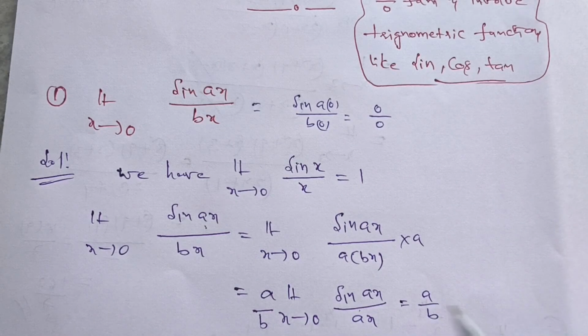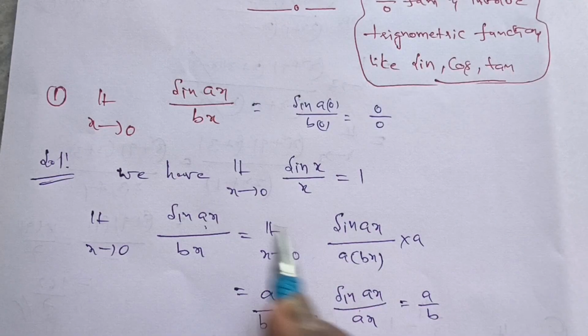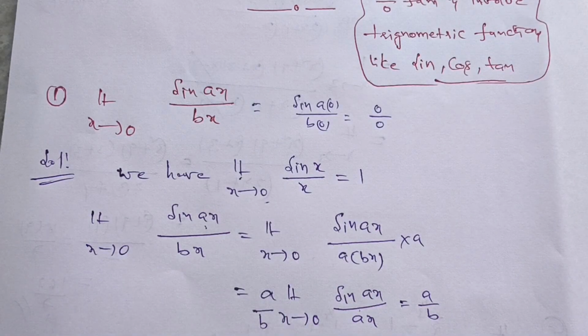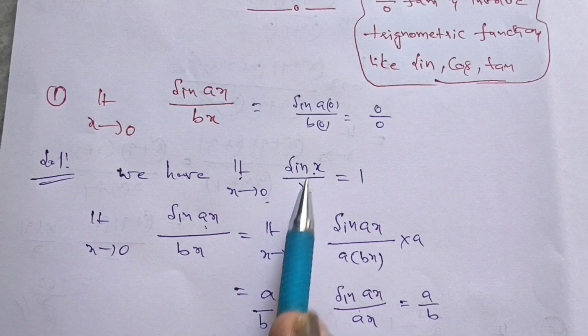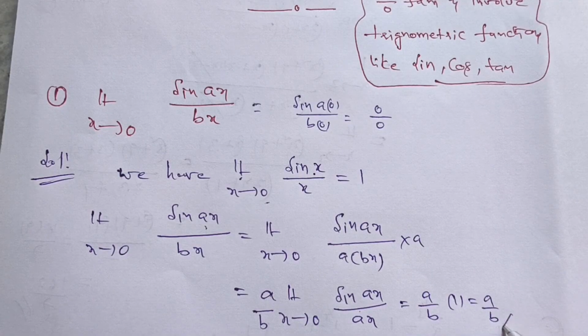That is equal to a by b into this part, which is of our standard form, limit x approaches 0, sin x by x. So what is the value of that limit? 1. So a by b into 1 equals a by b.